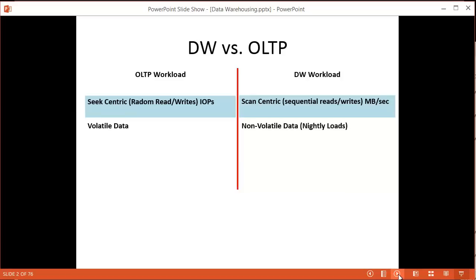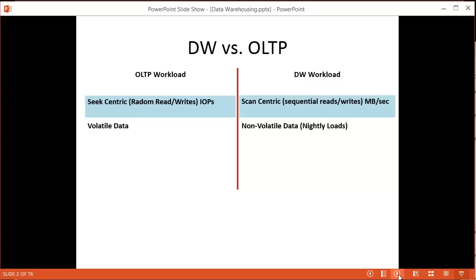Data warehouse workloads are typically very different in that they are relatively non-volatile compared to OLTP systems. They are typically characterized by nightly loads, a batch load process that loads data nightly from the previous day into the data warehouse.